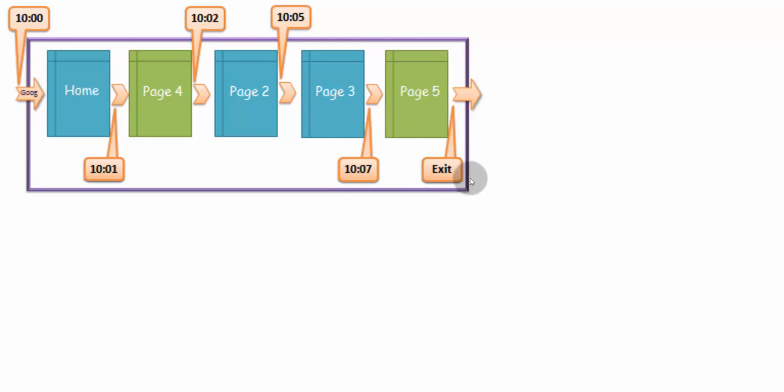Let's assume that he is exiting your website at 10:10 am. Then the time span that he spent on your website from the home page till page 5 will be assumed as the time spent on your site.